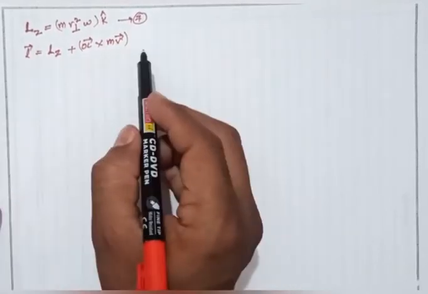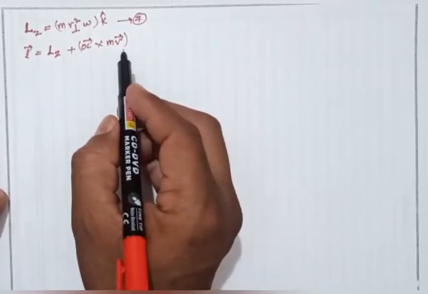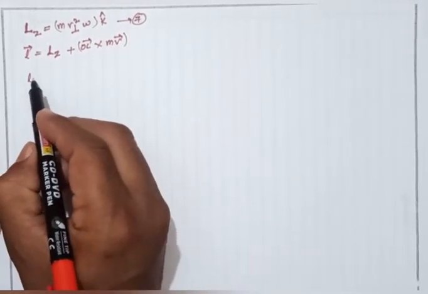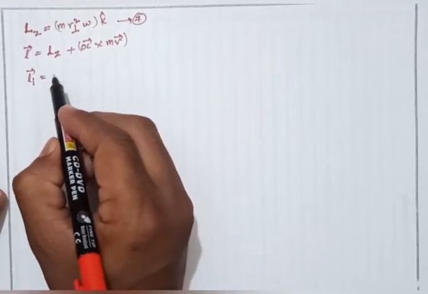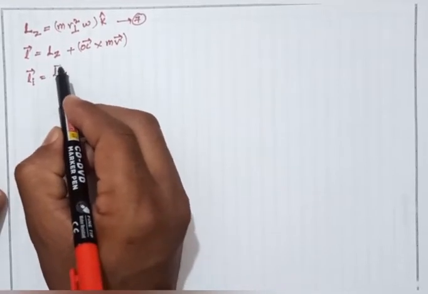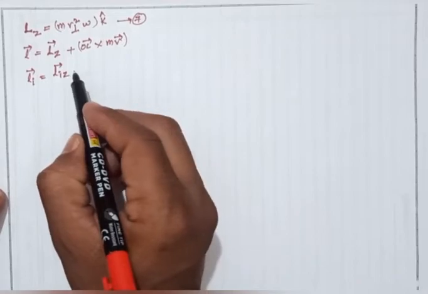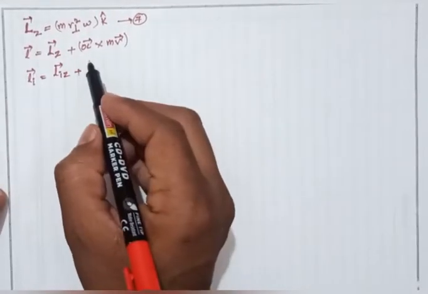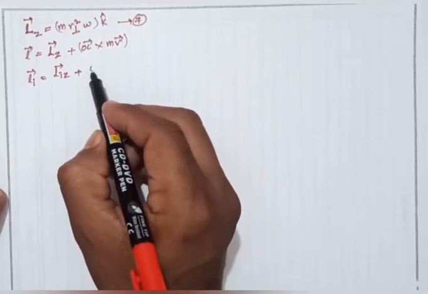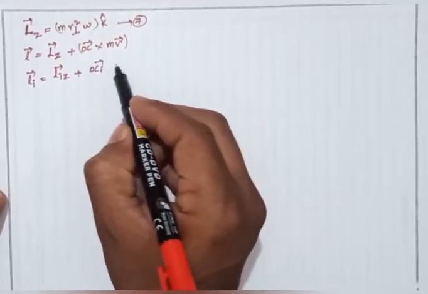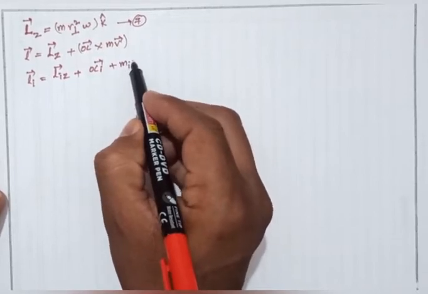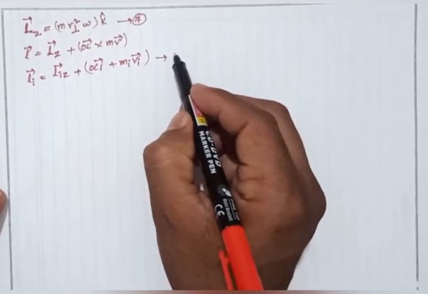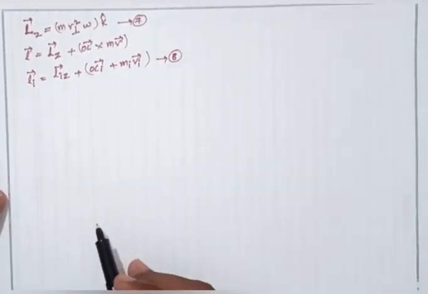So for the ith particle, we have Li bar equals Liz bar plus OCi bar cross mi Vi bar. So this is equation number 8.